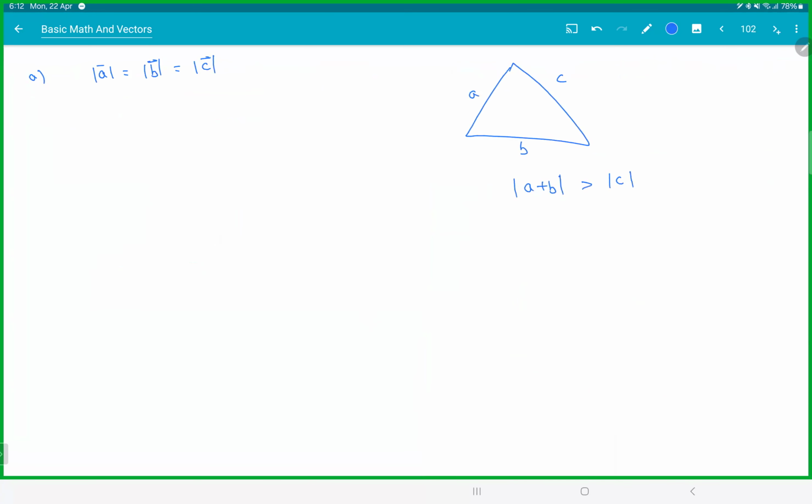Do you agree? The sum of two sides should always be greater than the third side. A plus B should be greater than C. So if this condition is satisfied, you'll get a triangle.